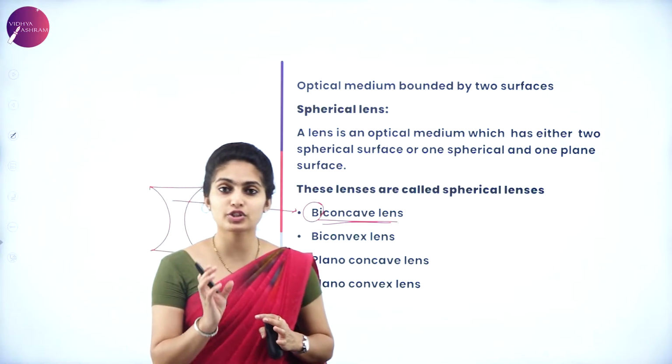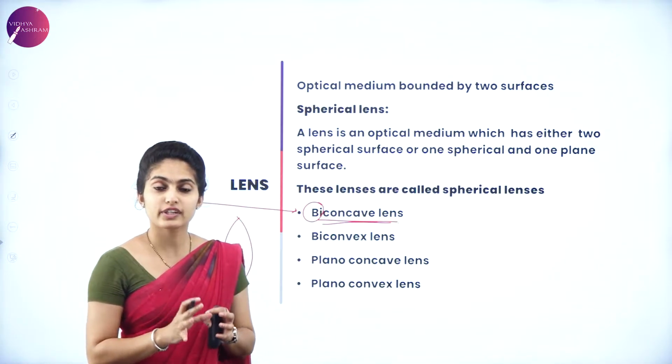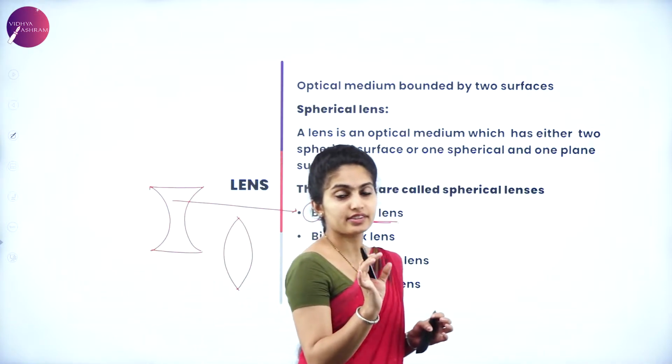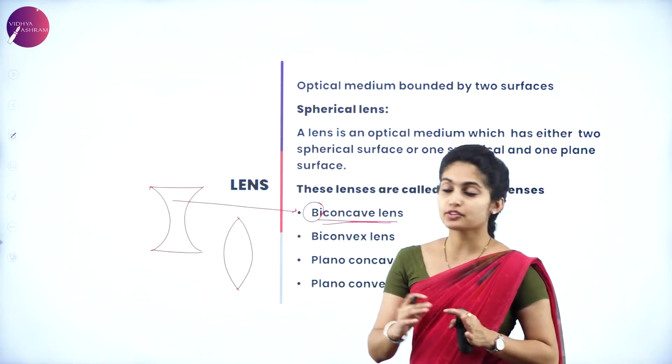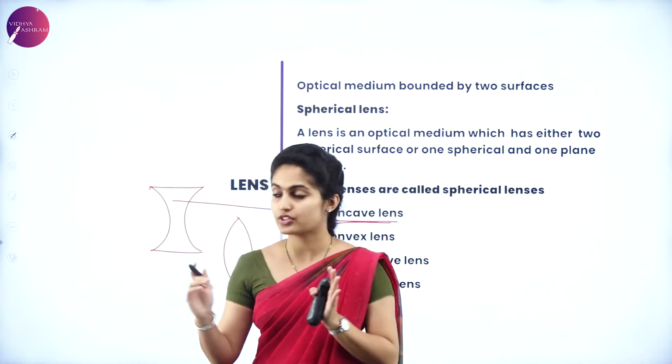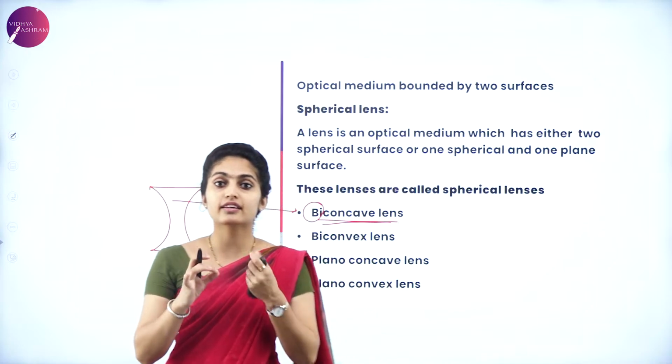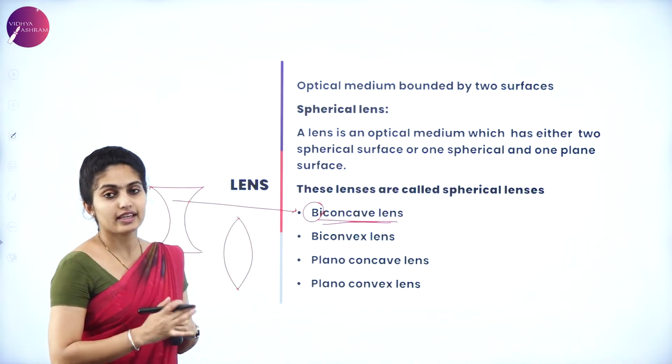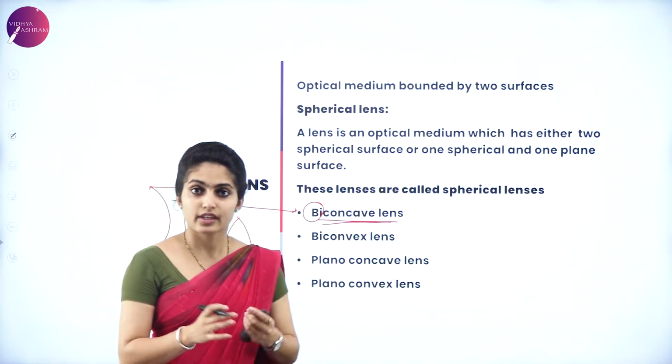If the lens has got the bulge part at the center than at the edges, then it is known as convex lens. If the lens is having thinner structure in the middle and a thicker structure at the edges, then that is said to be the concave lens.